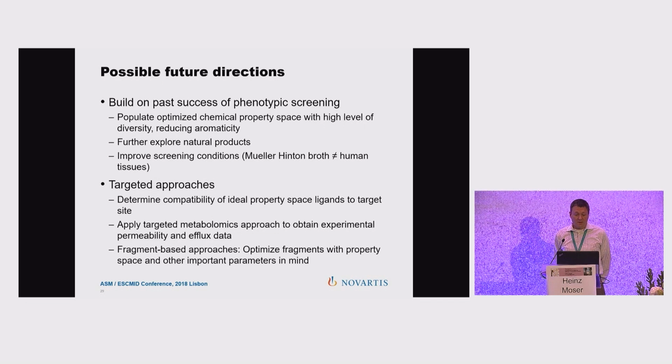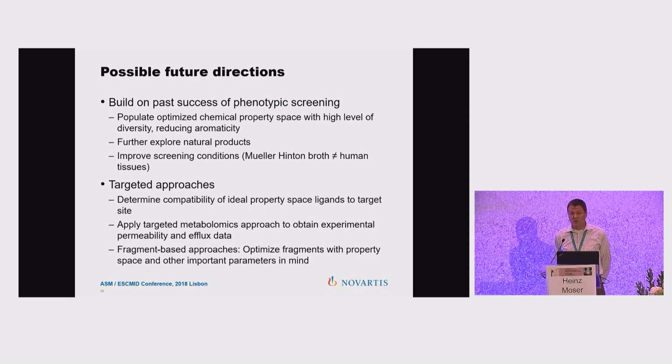Targeted approaches, one of the things we can do, and maybe John, you're going to address that in your next talk, is really asking the question, does your target actually allow that property space to work as a ligand or not? I think there are ways you can do that. I talked to you about metabolomics. I love that technology because it provides really solid data.